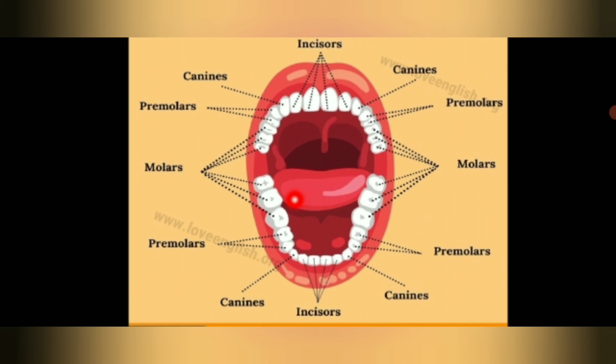So a total of 12 teeth are molars. 4 plus 4, 8 teeth are incisors. 2 plus 2, 4 canines. 4 plus 4, 8 premolars, and 6 plus 6, 12 molars. Hence we have a total of 32 teeth, 16 in the upper jaw and 16 in the lower jaw.